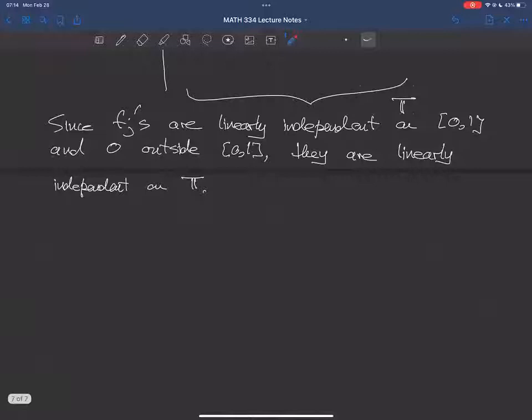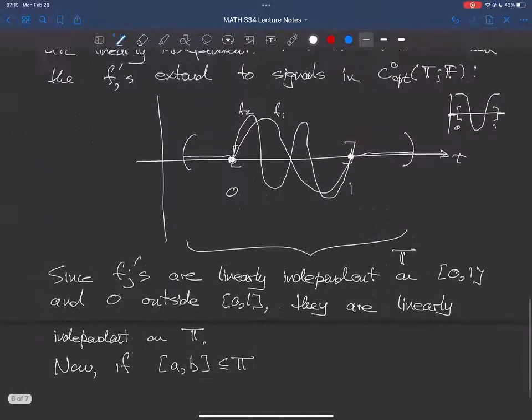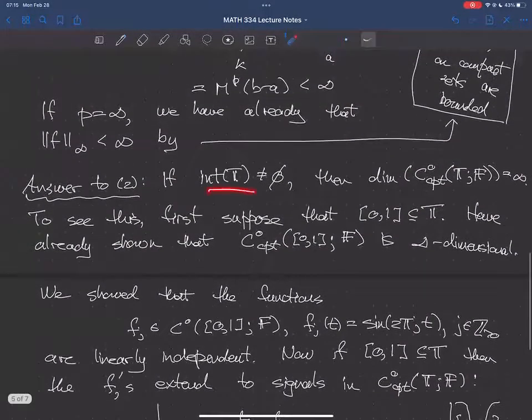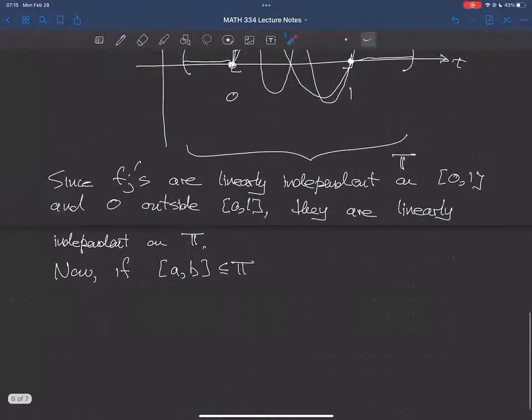Okay, now there's the general case. In general, we can't assume that 0, 1 is contained in there because the interior is empty, but certainly some compact interval, A, B, will be contained in T. Okay, so that's the general case.